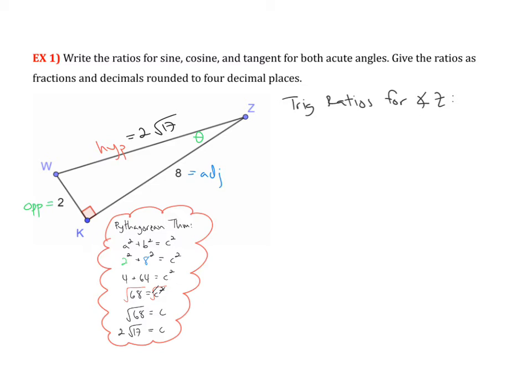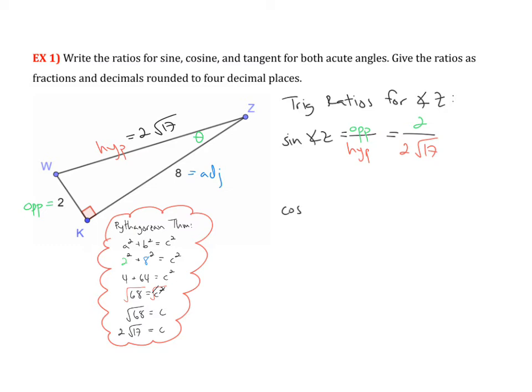SOH is sine of angle Z, which is the opposite leg divided by the hypotenuse. And because we've labeled our triangle appropriately, it's just a matter of substitution. So sine of angle Z will be equal to 2 divided by 2 times the square root of 17.